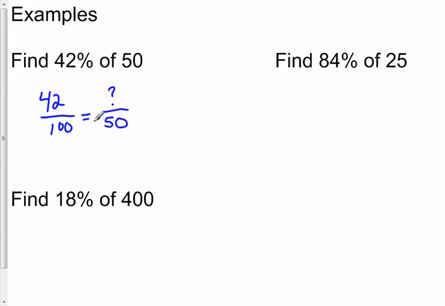So 100% would be paying $50 in this case. Now I ask myself, how do I get 100 to be 50? This time I divided by 2, so it's half as big. That means the numerator is going to be half as big, so I divide it by 2. I'd get $21 off of this.